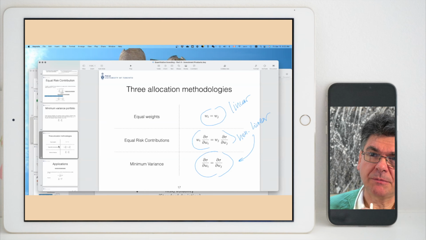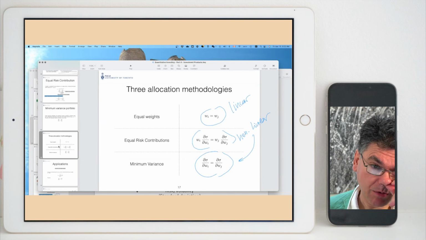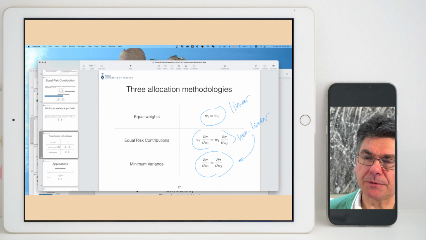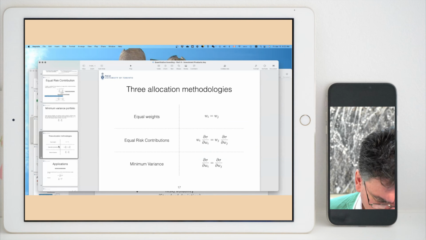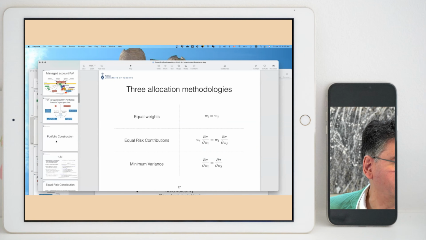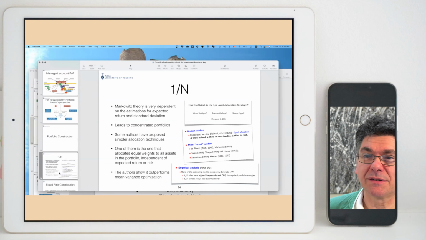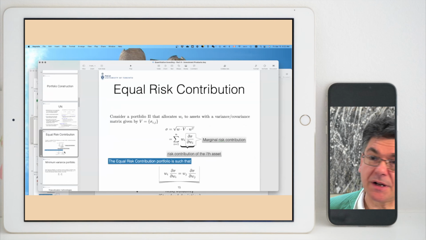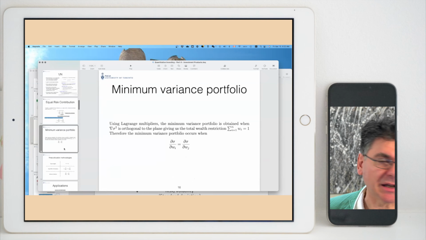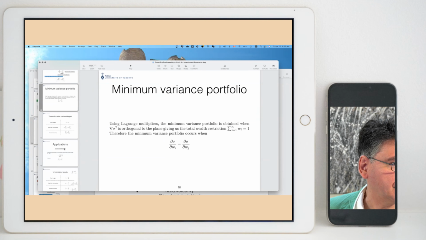Is this all clear? I am very aware that the class today is very technical. It's very mathematical, although we started with something very simple, 1 over n. Although we started with something very simple, I am aware that this is very complex to understand, and so is this. Okay?